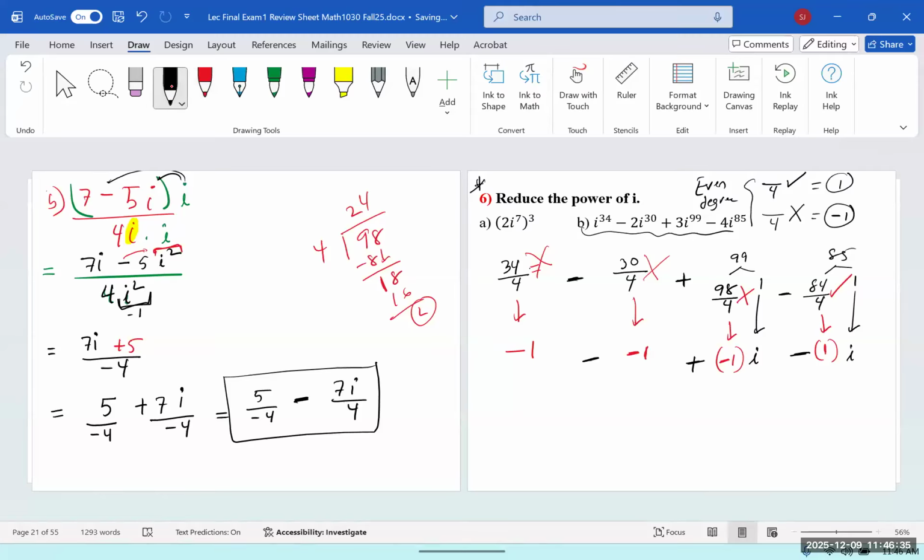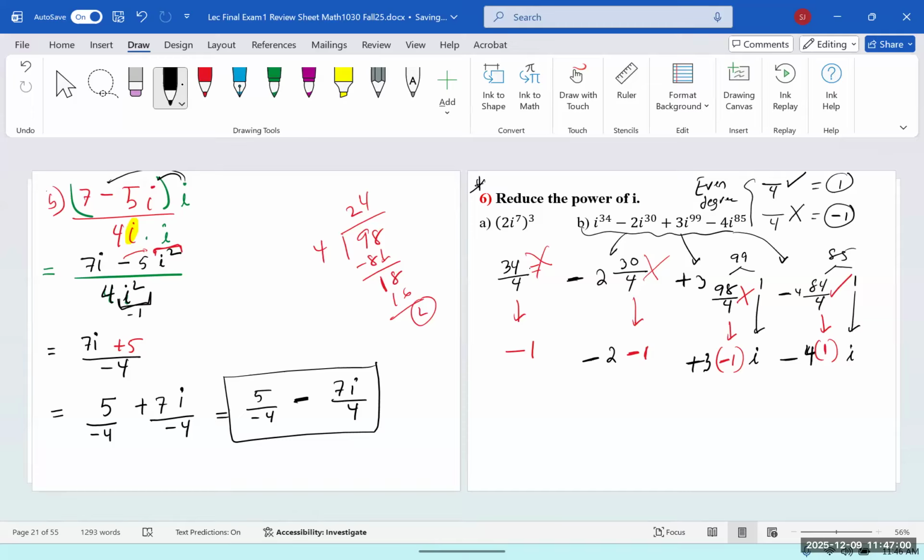So what do you get? The coefficients for this one is 2. The coefficient for this one is 3. And the coefficient for this one is 4. So 1, 2, 3, 4, these are the coefficients.